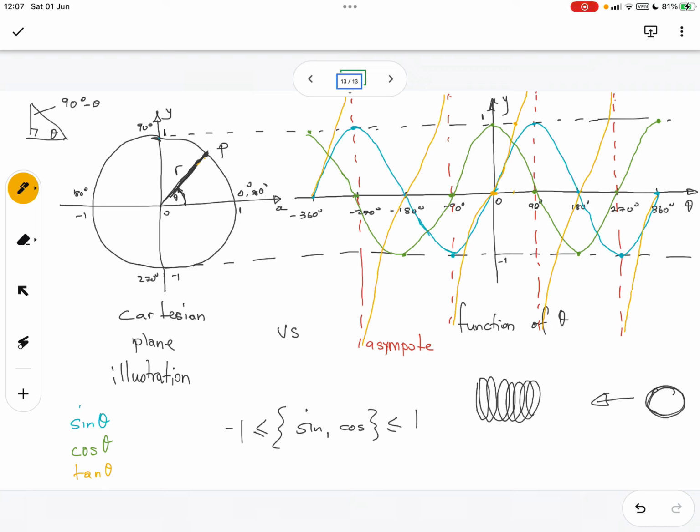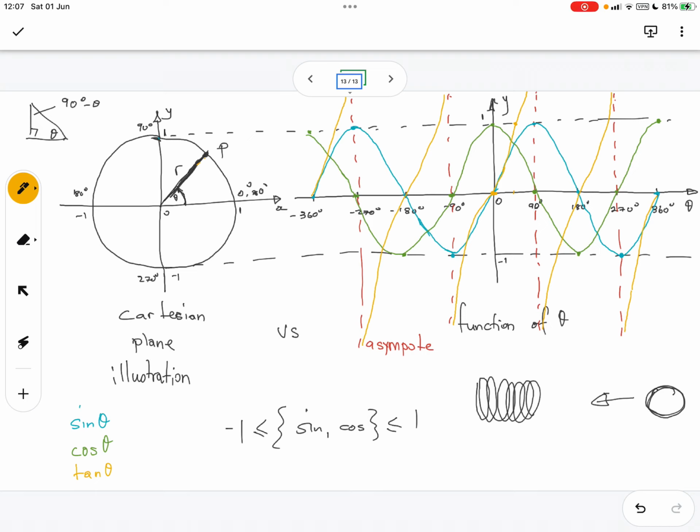Even if you say, let's do tan of 91 degrees, it's going to give you a negative answer. Negative 57. Then do tan of 91.1 degrees. Negative 52.